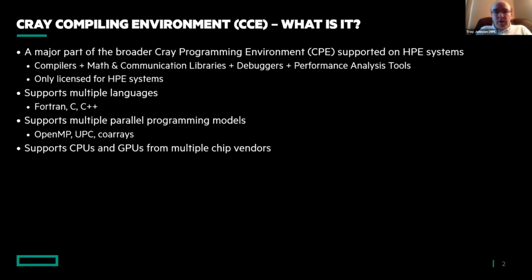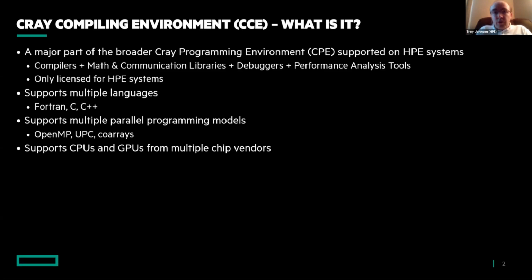We also support two partitioned global address space, or PGAS, programming models: UPC, whose full name is Unified Parallel C, if you've heard of that before, and Coarray, which is part of the Fortran standard. Both of those can be used for off-node communication.